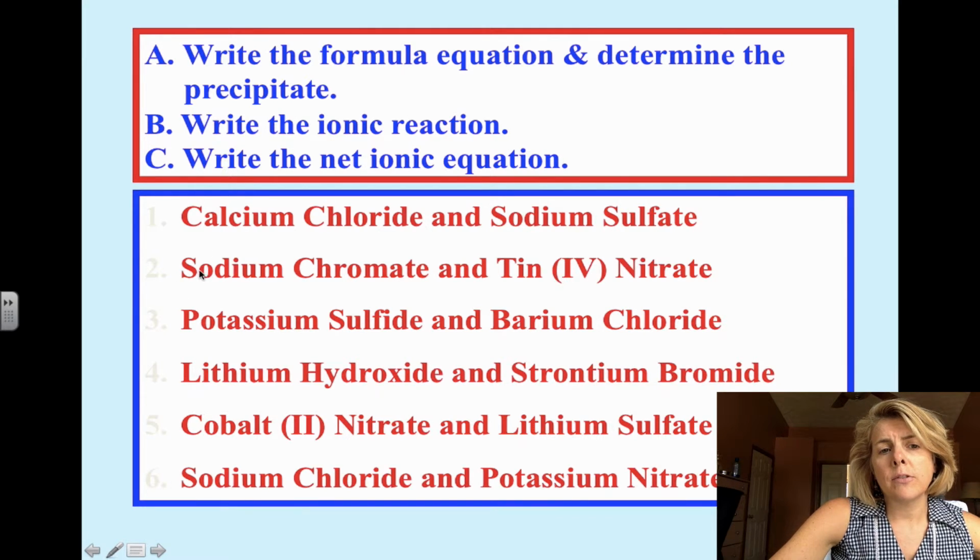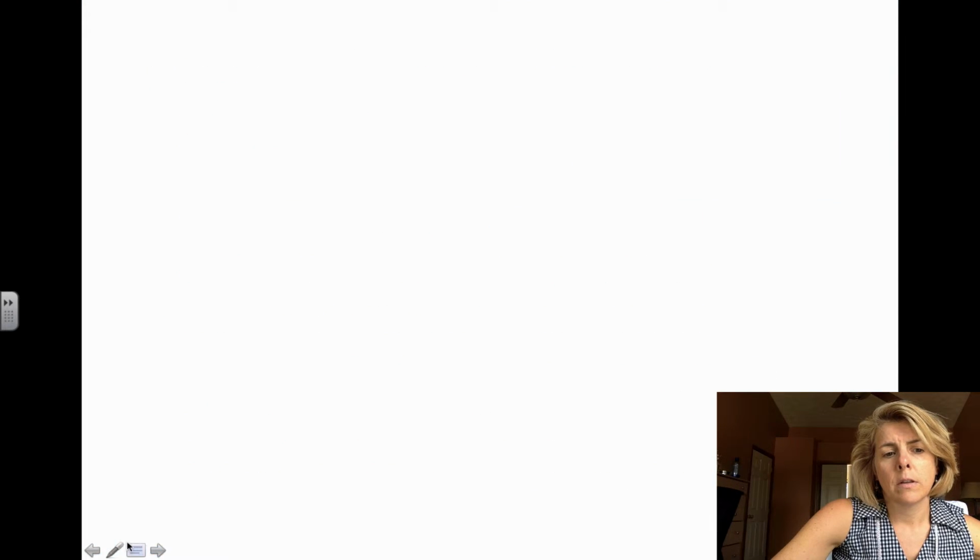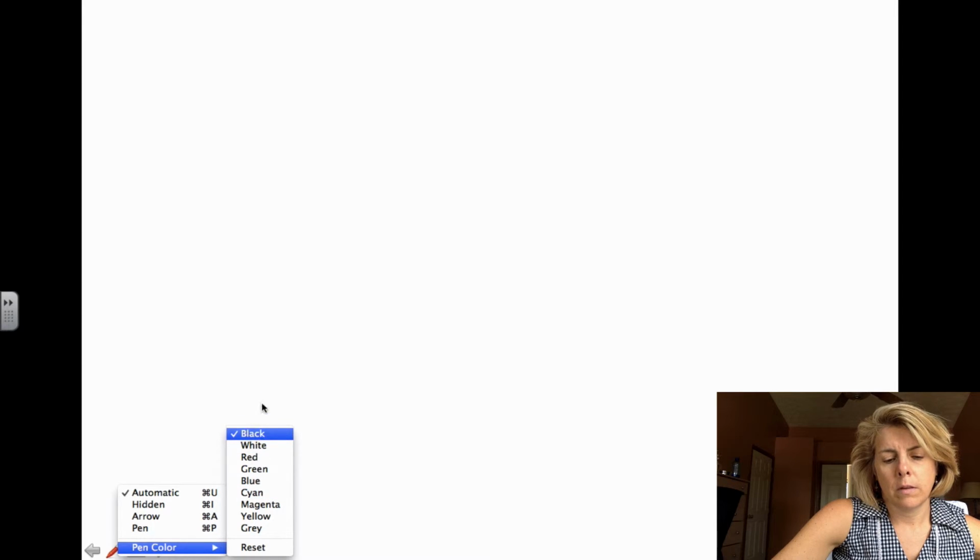Okay, the next equation that we're going to do is sodium chromate and tin 4 nitrate. So I have Na2, and I need to look up my polyatomic ion in order to know what chromate is, plus tin 4.